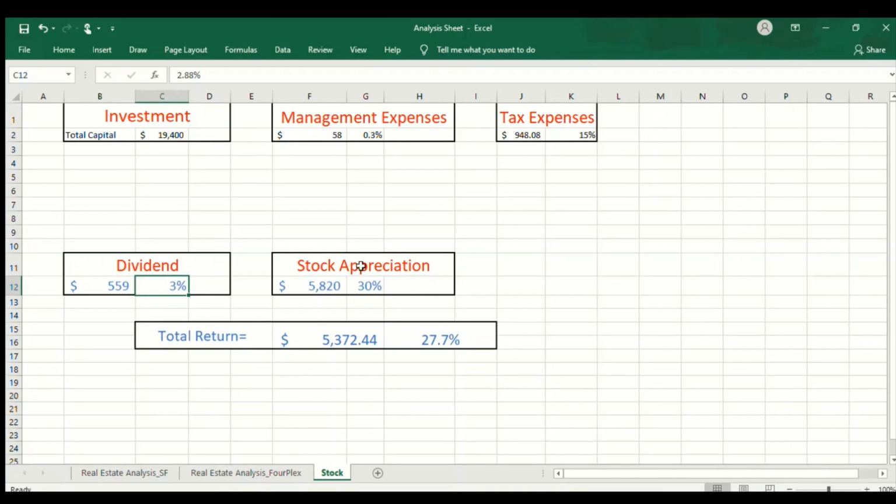So even if we assume that the stock appreciates 30%, which is quite, I would say, ambitious. On average, the S&P 500 has an annual appreciation of 8 to 10%. But we're going to be quite generous here and just assume 30%. You can see that the capital gains here is $5,820.